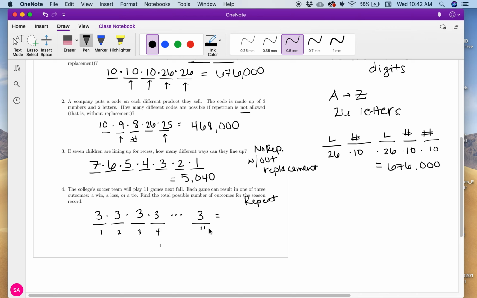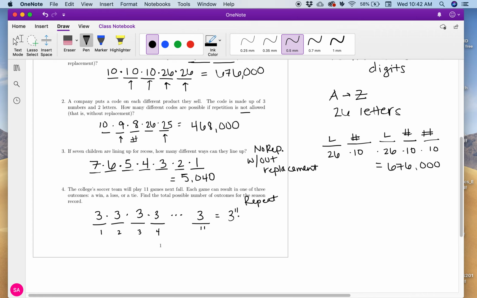So basically what we have to do is multiply 3 by itself 11 times. But, I mean, by all means, type that in your calculator. 3 times 3 times 3 times 3, so on and so forth. However, we can rewrite that as an exponent. An exponent is basically repeated multiplication. So this is the same thing as 3 to the 11th power. There was 11 games, and there was 3 outcomes for each game.